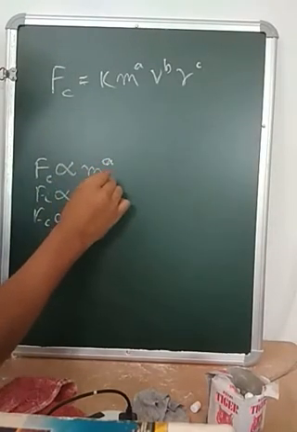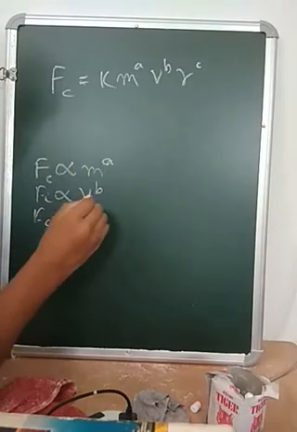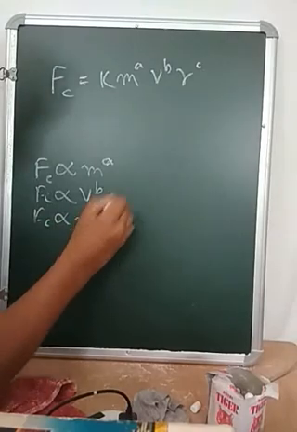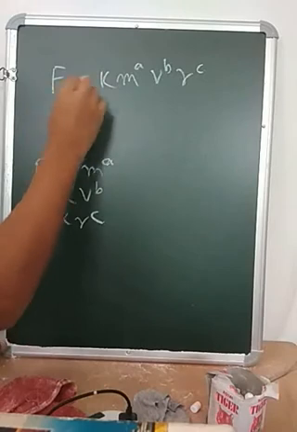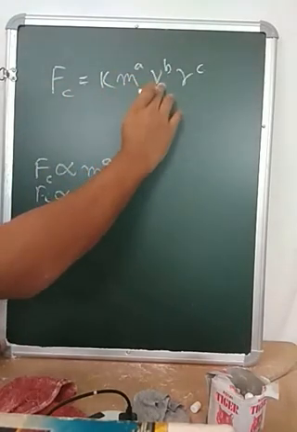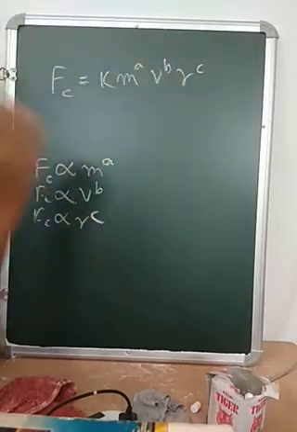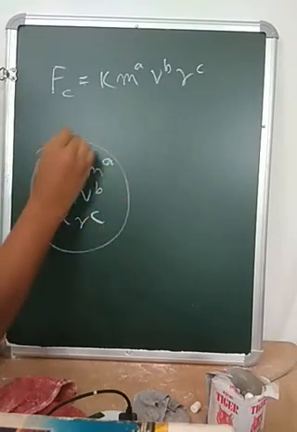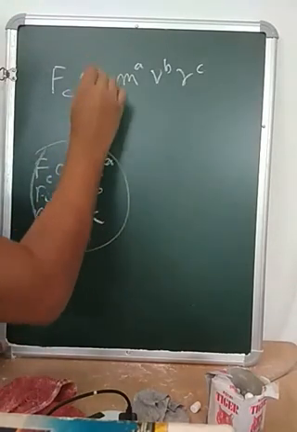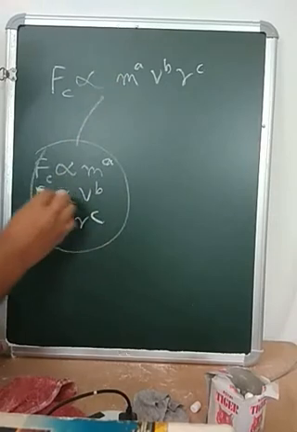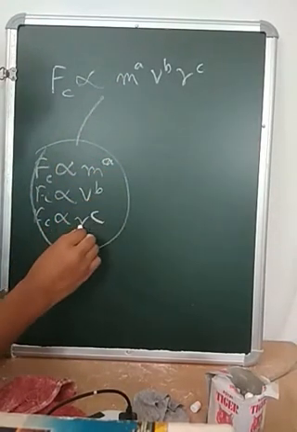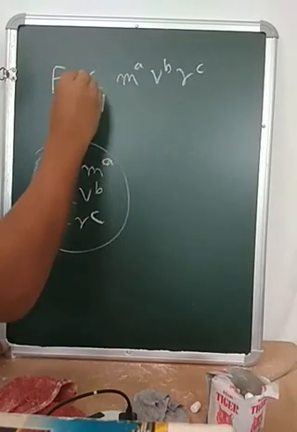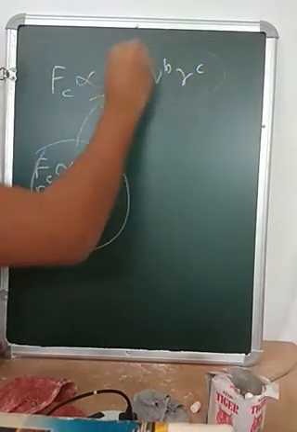Fc is directly proportional to m to the power a, directly proportional to v to the power b, and directly proportional to r to the power c. Actually, first we have to write this proportionality. Since Fc is proportional to m to the power a, v to the power b, and r to the power c, we can write it down as Fc proportional to the multiplication of these terms.